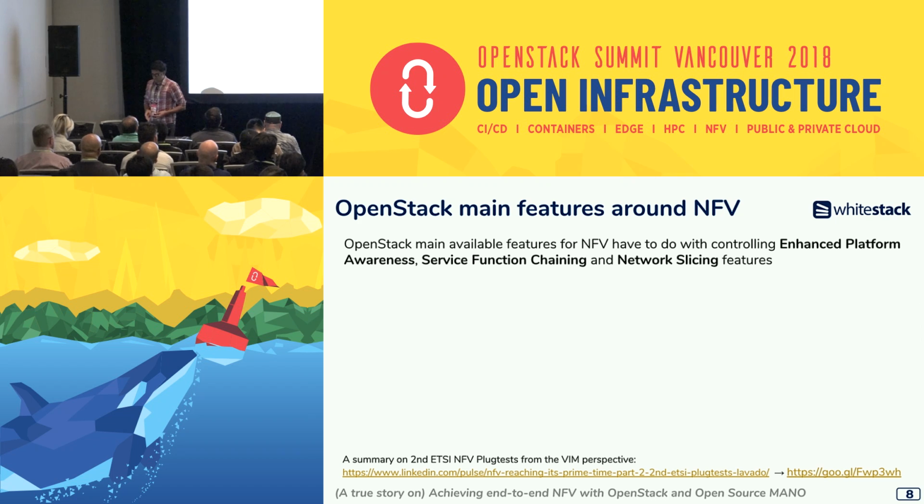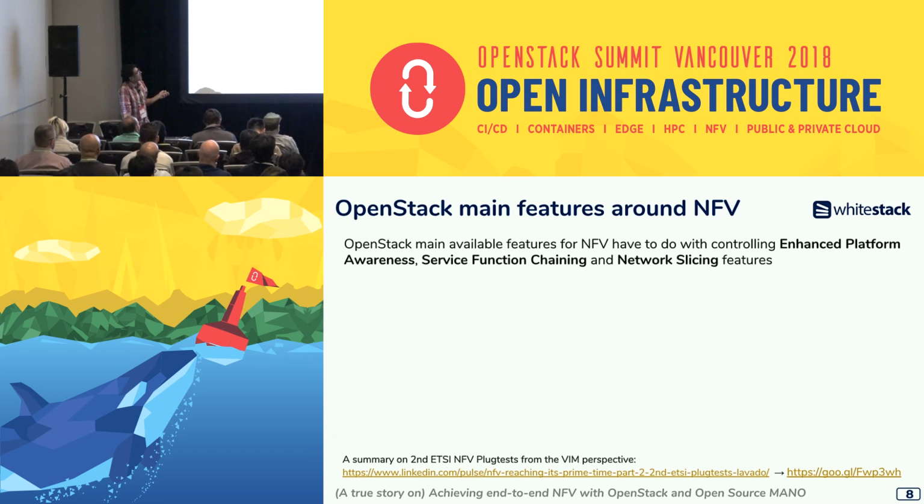So let's now talk about the features that we see in the two components, in the two stacks. In OpenStack, we think that it has at least most of the features needed for NFV.